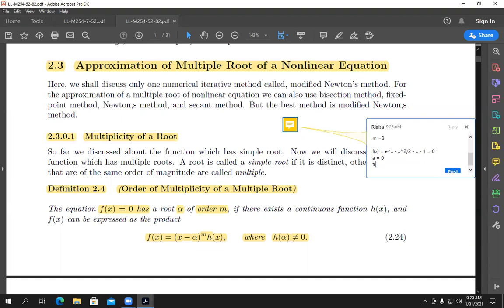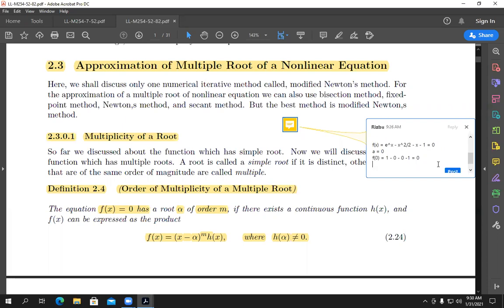What is f of 0? 1 minus 0 minus 0 minus 1, equal to 0, right, because 1 minus 1 is 0. It is guaranteed that alpha equal to 0 is a root. Now we want to check whether it is simple or multiple.